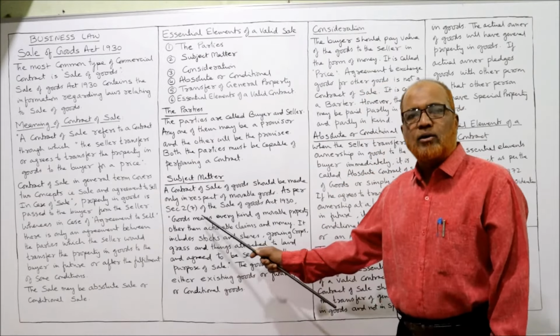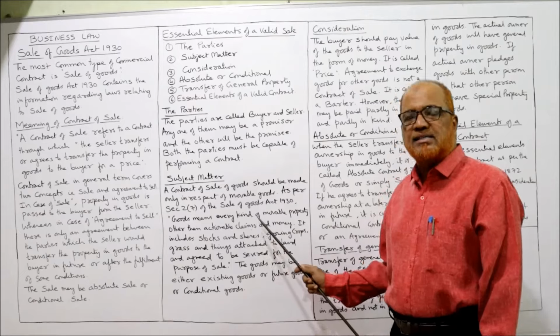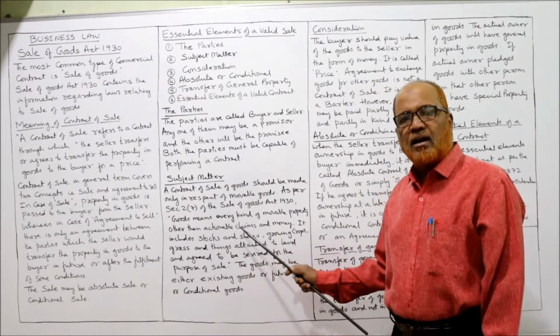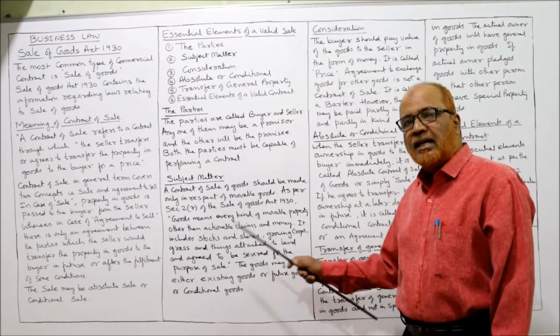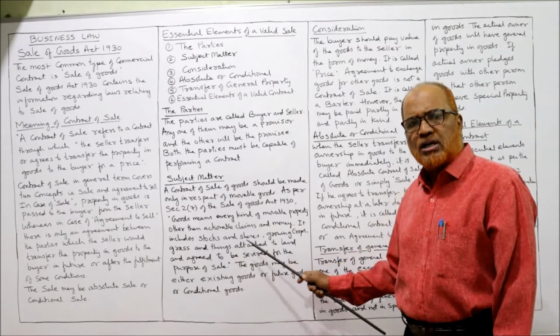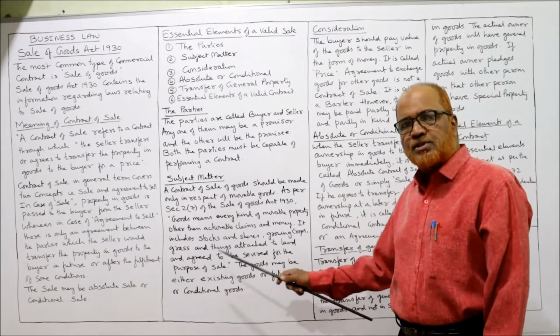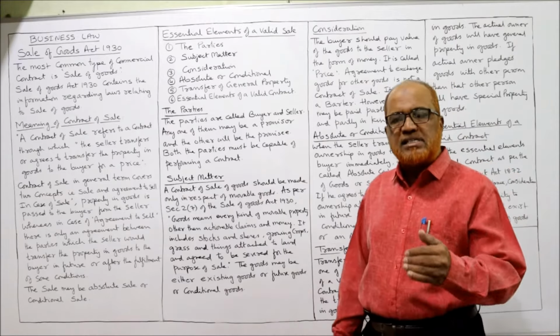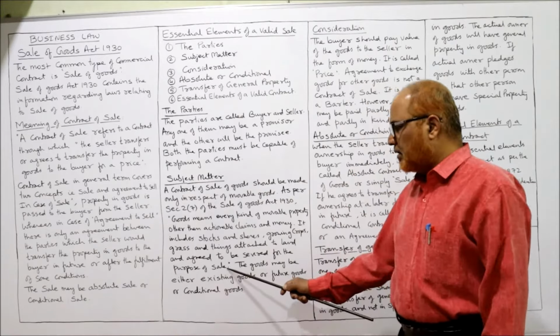So again I repeat, according to section 2, subsection 7 of the Indian Sale of Goods Act 1930, goods means every kind of movable property other than actionable claims and money. It includes stock, shares, growing crops, grass, or anything attached to the land that can be severed for the purpose of sale.